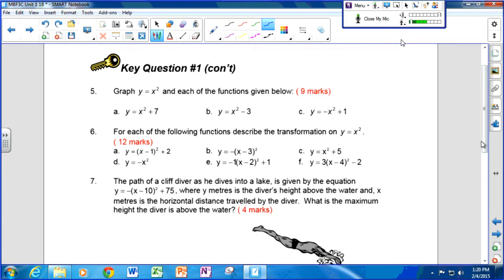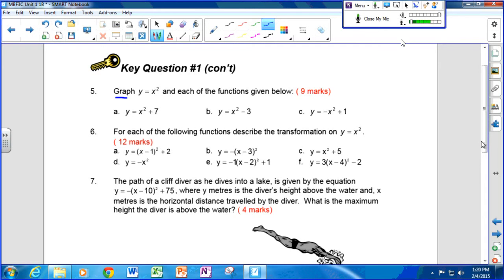So now it wants you to graph these functions here below, and in this case we sort of want to know what it looks like. So let's take a look at question 5a, and you probably need some graph paper.